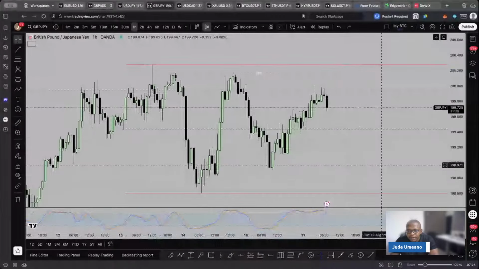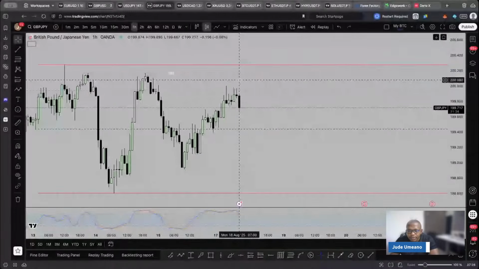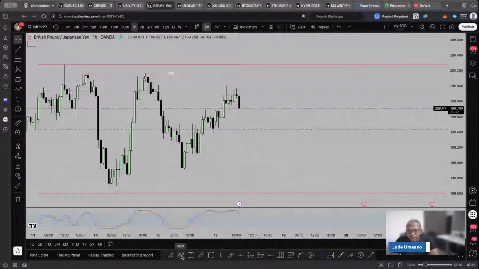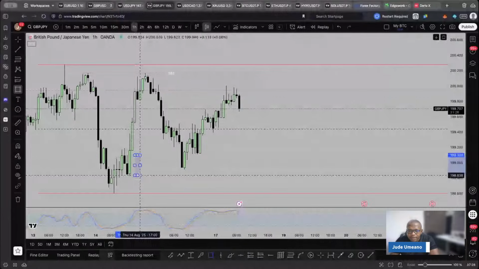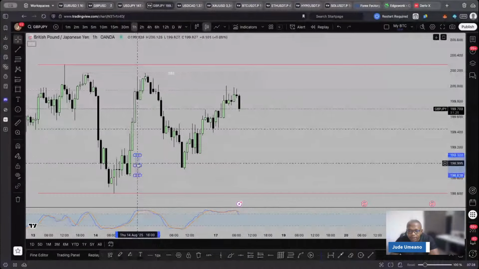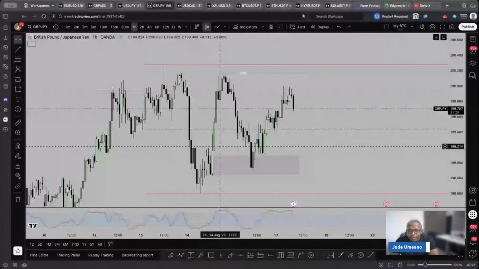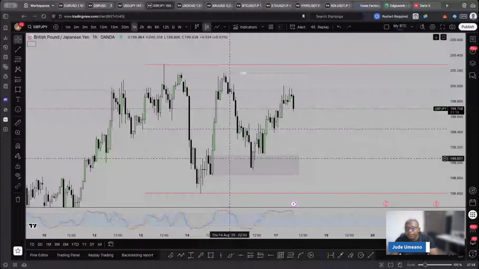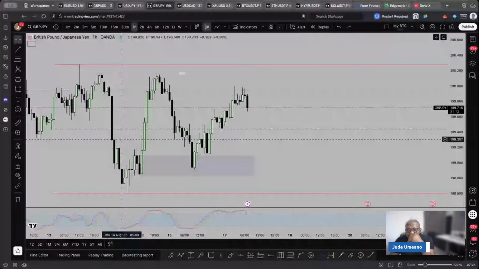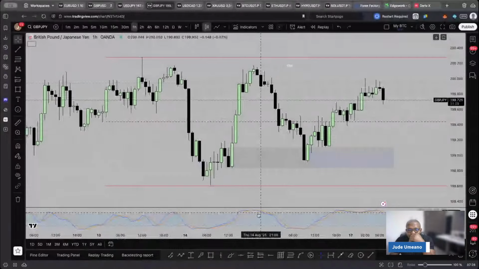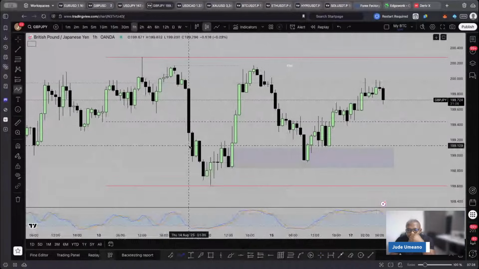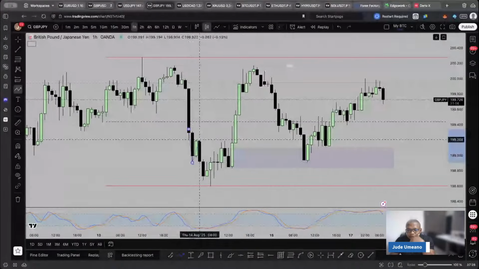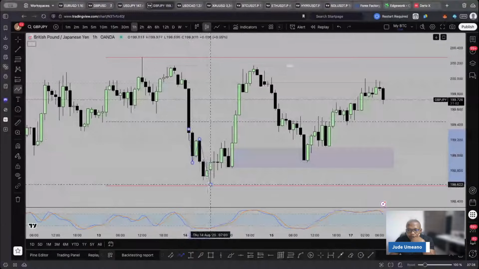Then at this bottom, this movement going upward is coming from this demand zone here. So we tapped into a demand zone, but I won't consider this a demand zone because there's no break of structure anywhere. It's hard to call a break of structure unless we consider this movement downward, then up and down.